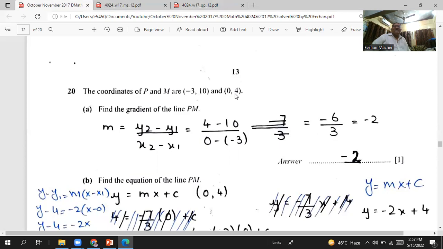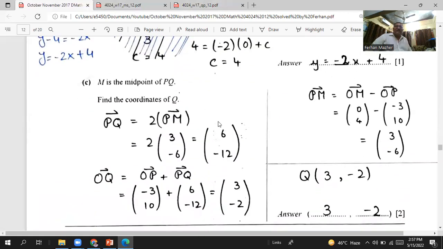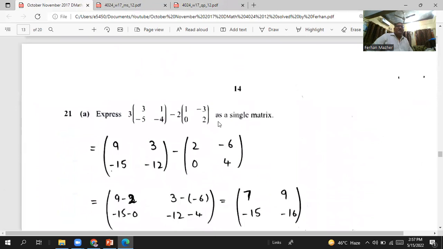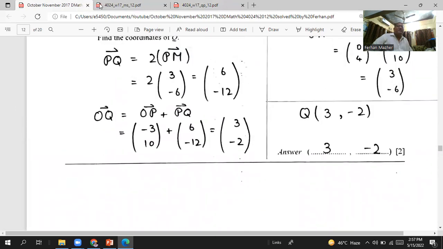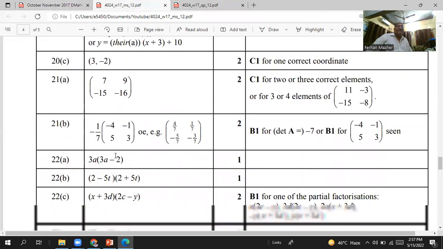So that is the coordinate geometry method of finding the coordinates of the extreme point. Hopefully you understand this one, or you can use the other method. Whatever method comes to your mind, just try that. (3, minus 2) is the answer. (3, minus 2) is the right answer, sir.